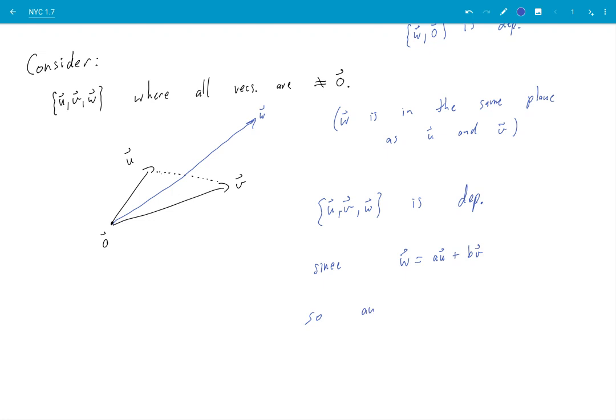So AU plus BV minus W equals 0. Minus W is a non-trivial dependence relation.